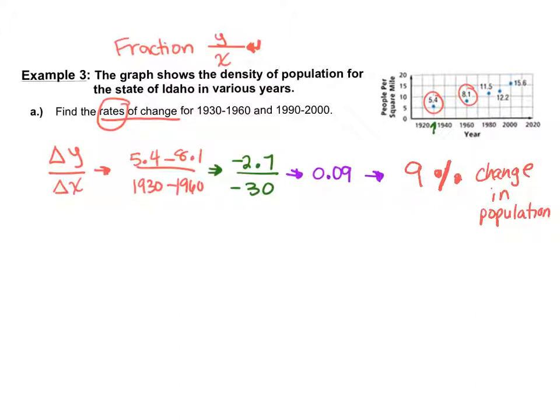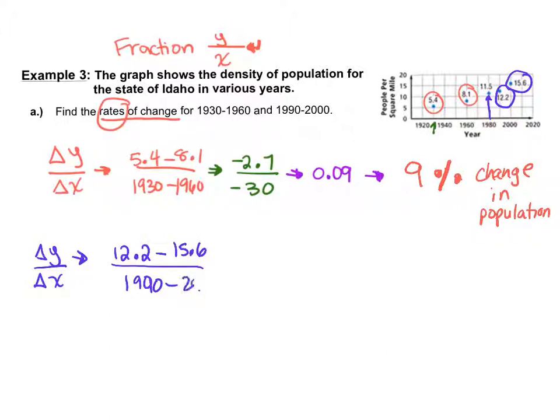The next interval that they asked us to complete the rate of change for was from 1990, which is this one, because this one says 1980. So from 1990 to 2000, which is this one. So the change of my y is from 12.2 minus 15.6, and the change of x is from 1990 to 2000.